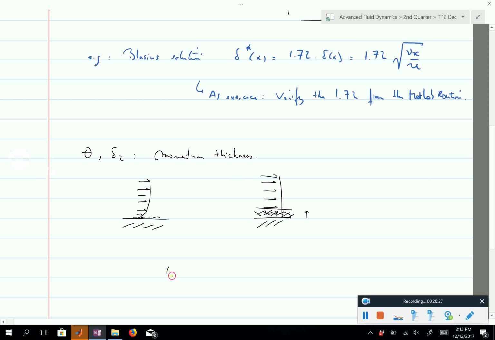and you will see that the momentum thickness by definition will be the integral from y equals 0 to infinity of u divided by capital U times 1 minus u divided by capital U. Actually, to do this one, you just need to go back to a homework, because it was one of the homework problems when you practiced control volumes.